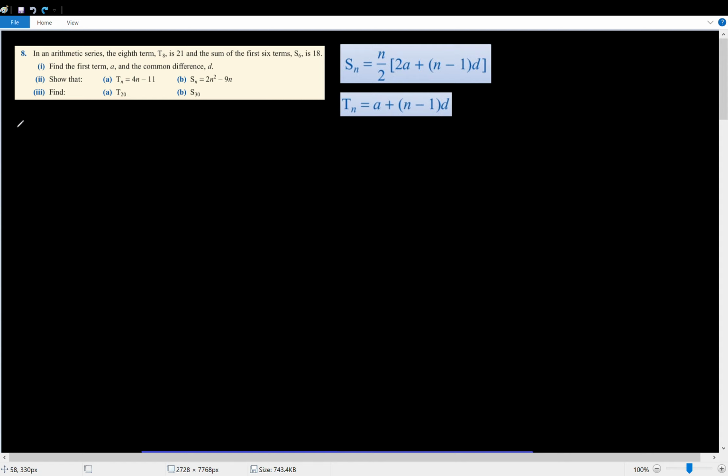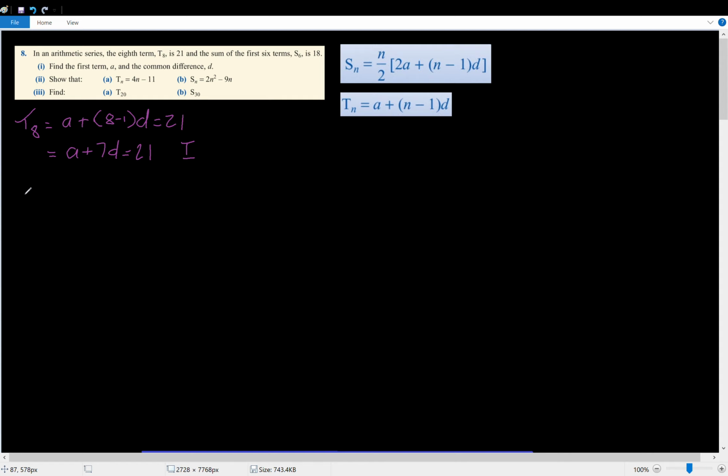If we use the formula for this, T8 is going to be equal to A plus 8 minus 1 times D, and that is equal to 21, which means we're going to get A plus 7D is equal to 21, and that is our first equation, our equation 1.